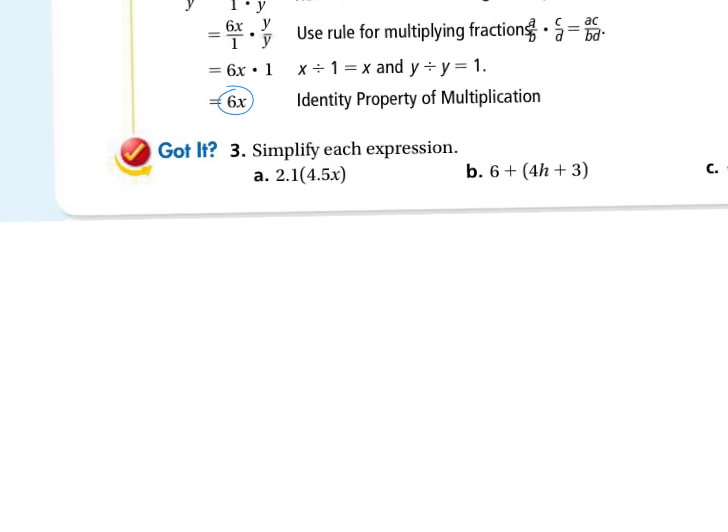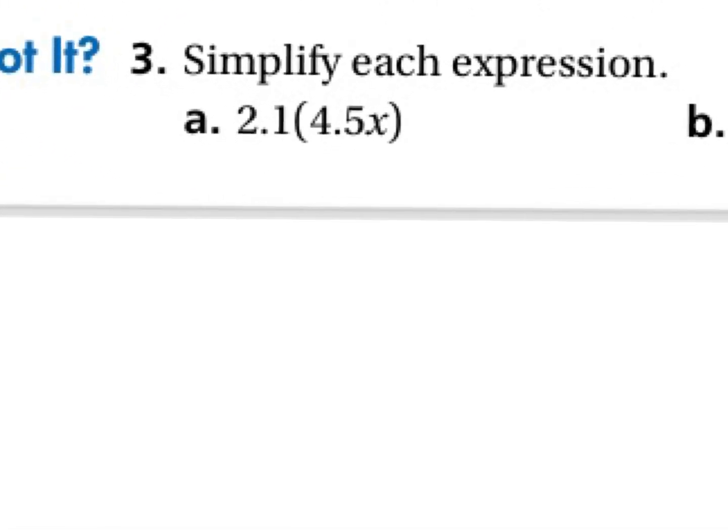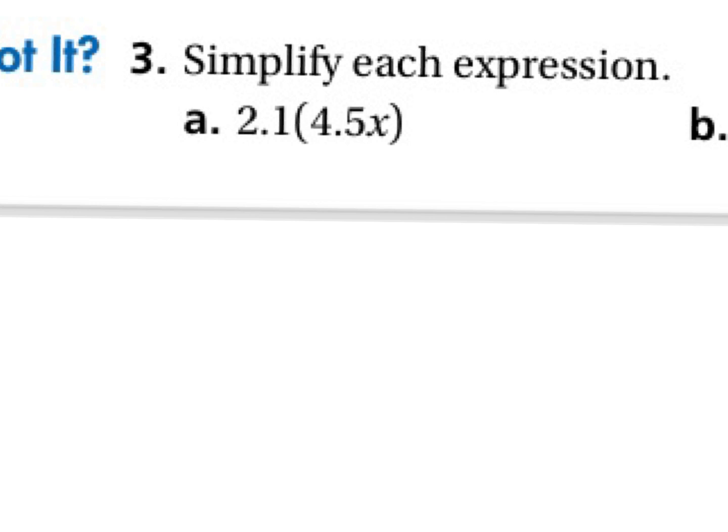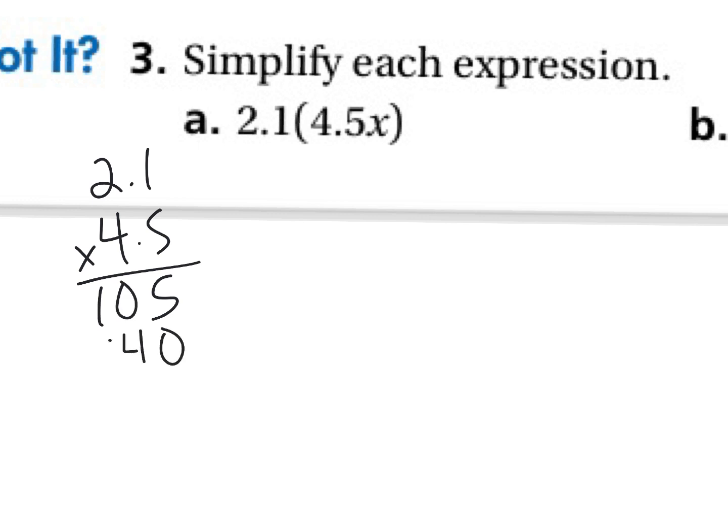So if we look at the got it 3, part A, we're trying to simplify this expression. To simplify this, we would be multiplying these together. If we multiply those and then add them together, we've got a total of 2 numbers after the decimal point there.